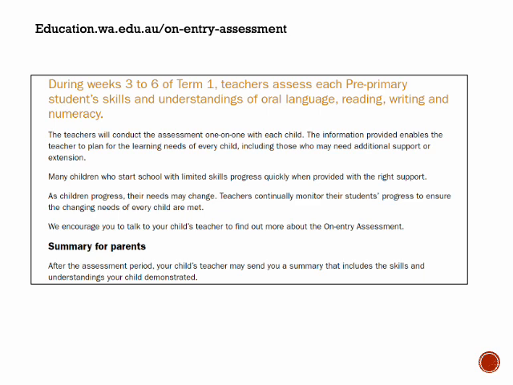So as a parent, you are sent a summary of the skills and understandings that your child demonstrated. And that always leads to some really interesting discussions with parents, because some of them are very interested in all of that sort of data.